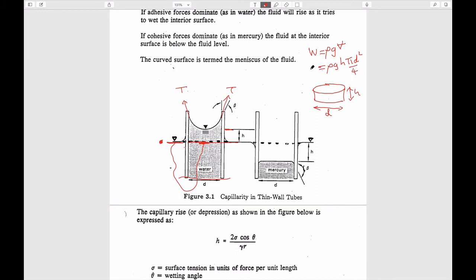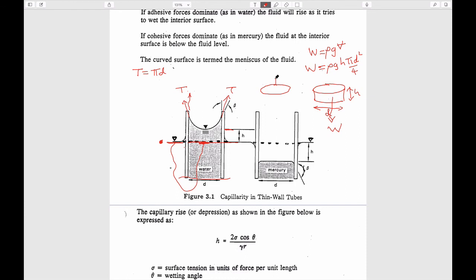And this is the weight which is pulling down.